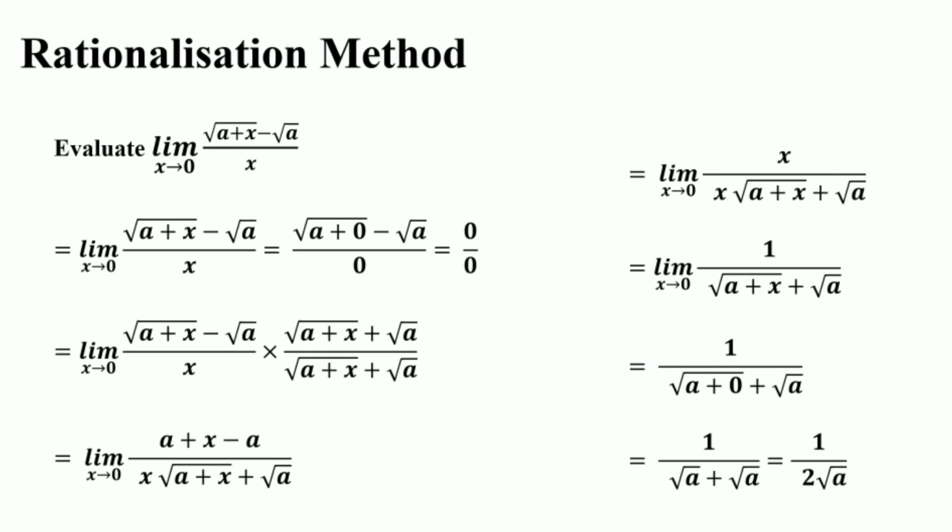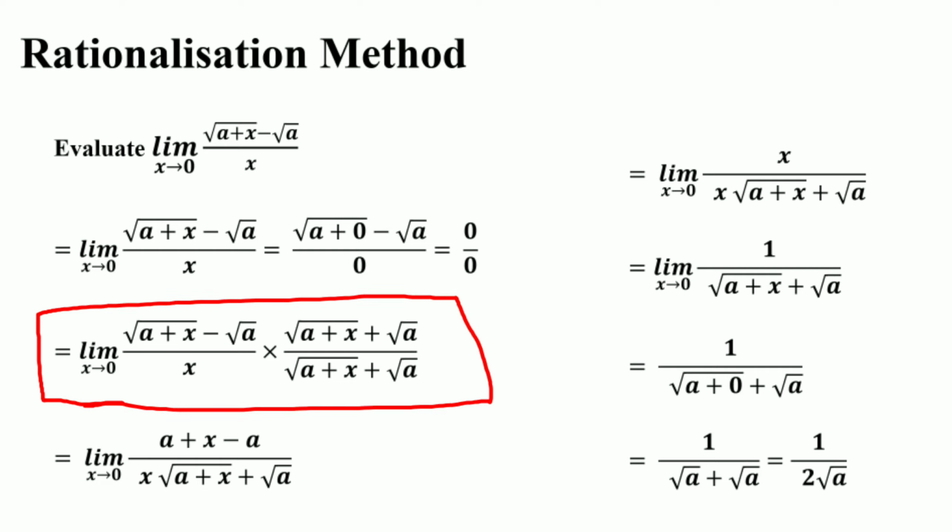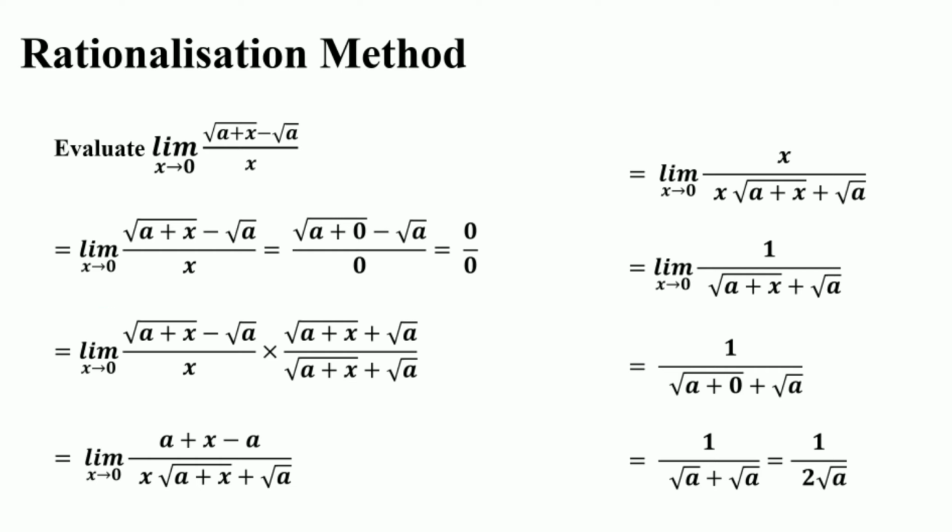Then we multiply the numerator and denominator by the conjugate. So it will become the limit of root a plus x minus root a, divided by x, into root a plus x plus root a, divided by root a plus x plus root a, where x approaches 0.